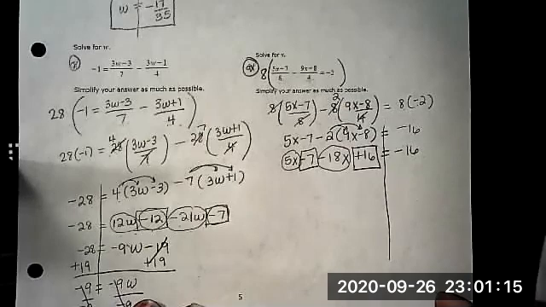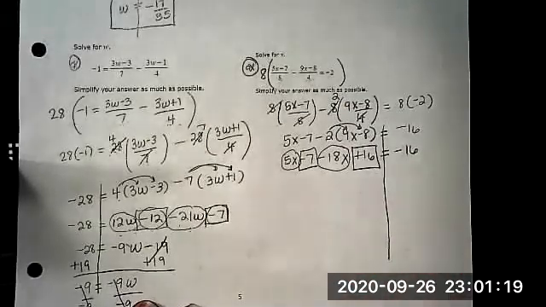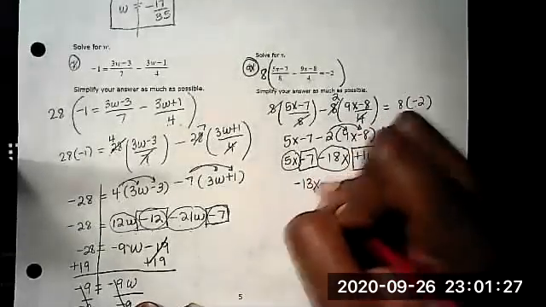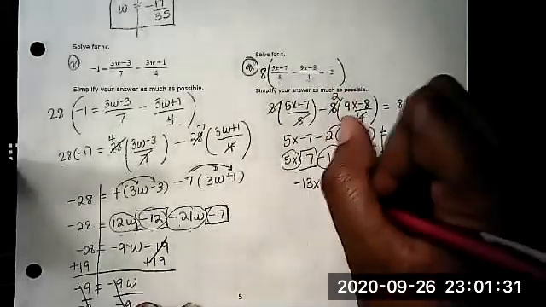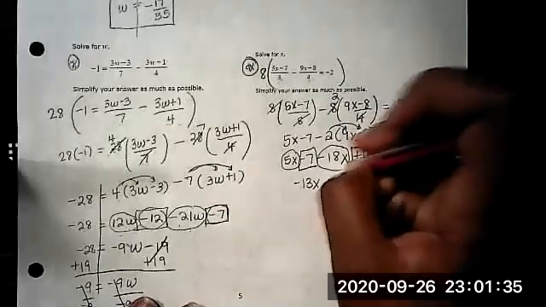So basically, negative 18 plus 5 becomes negative 13x. And then 16 minus 7 is 11. No, what am I talking about?